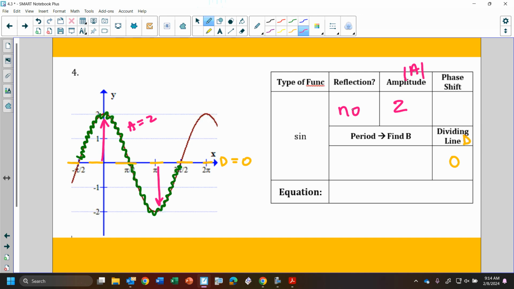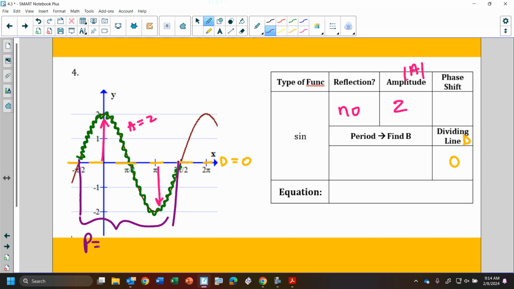All right. The period is a little tougher on this one. How are we going to find the period? Is it just 3 pi over 2, like where it stops? No. It's not. You need to look and see how far is it from where it starts to where it ends. That's going to be a full period.